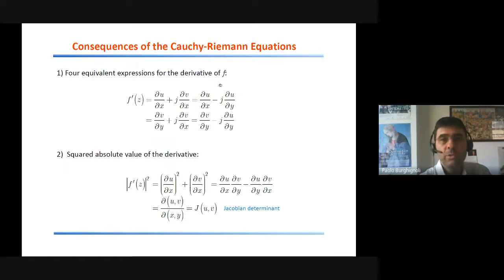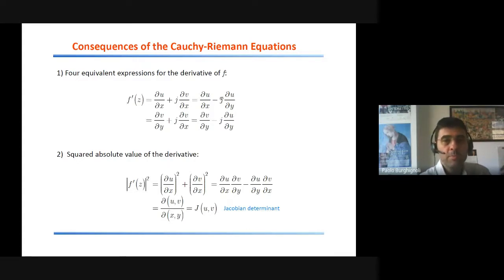And so you can mix the partial derivatives, for example, in this way, the partial derivative of u with respect to x minus j the partial derivative of u with respect to y. So in this case, you have only the u function. Or alternatively, you can employ only the v function, and in this case you have the partial derivative of v with respect to y plus j the partial derivative of v with respect to x.